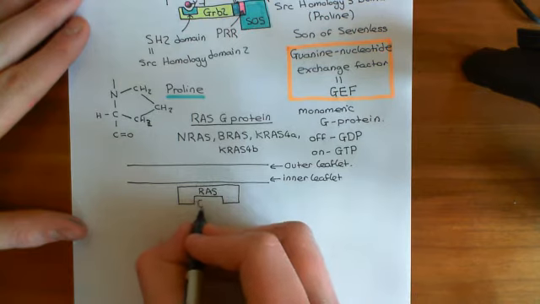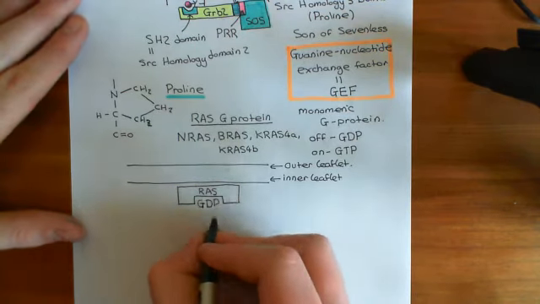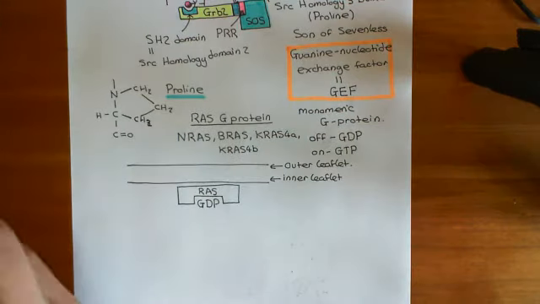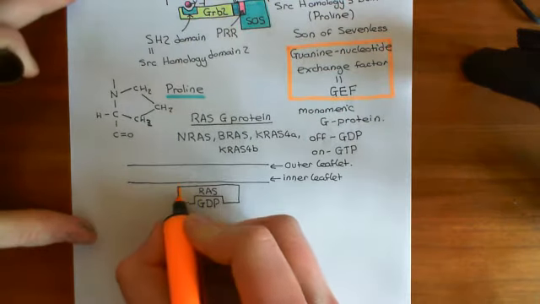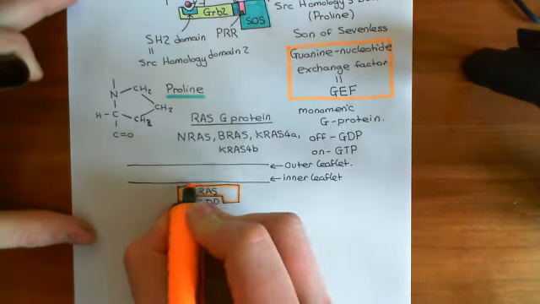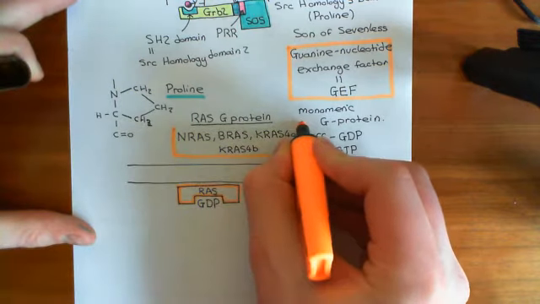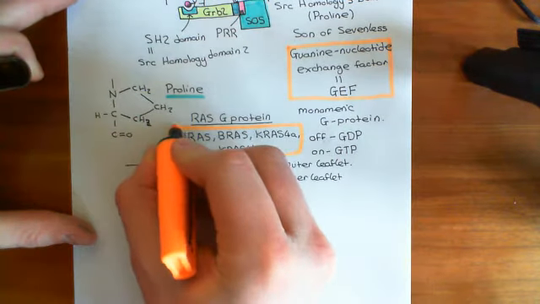Okay, now let's say initially that our Ras G protein is in the off state, and therefore has guanosine diphosphate bound to it here. So I'll colour it in here in orange. So this is our Ras G protein. It's one of these 4: an NRAS, a HRAS, a KRAS4A, or a KRAS4B.